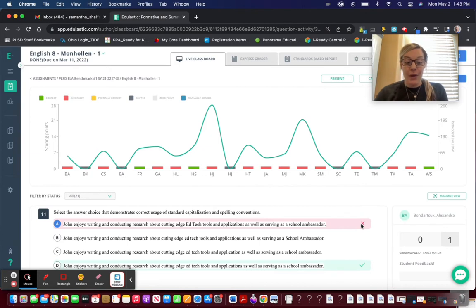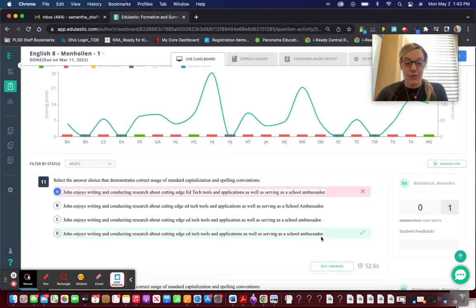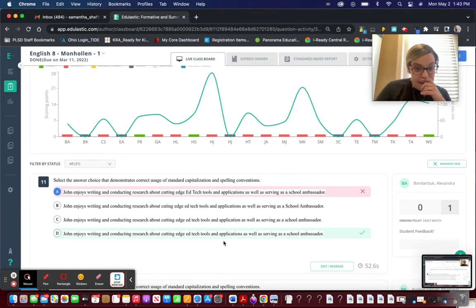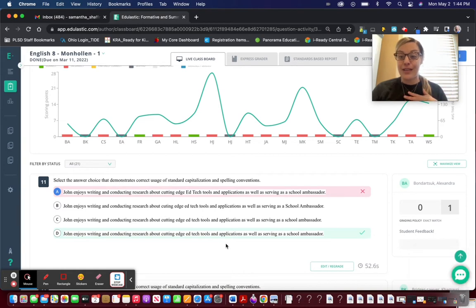So, we're going to take a look at question 11 and see how we can write this in a way where students might have a chance of being more successful, or where it's not so predictable between the distractor and the other incorrect answers versus the answer that's correct. All right.